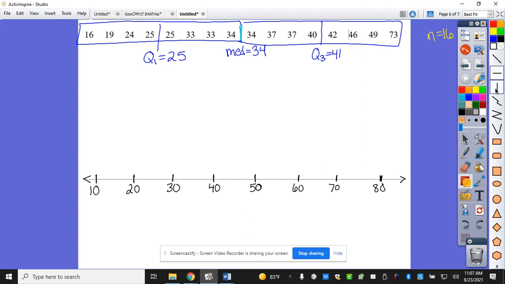So we want a vertical line at 25, and a vertical line at 41, about the same height, same length. That's going to make my box.